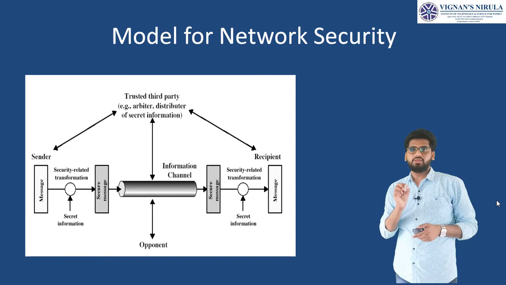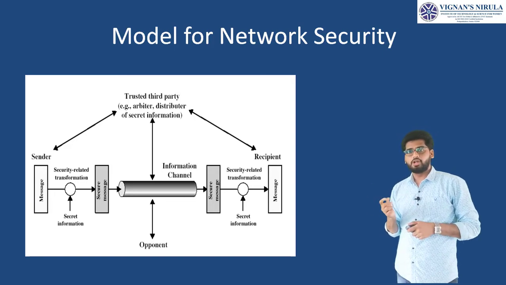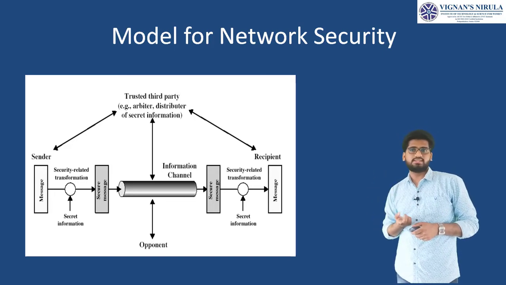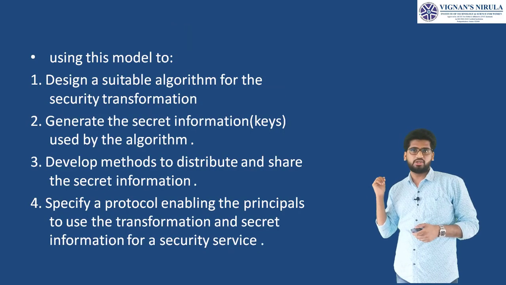Between the sender and communication channel, and between the communication channel and the receiver, we maintain a secret key or secret information. The secret information is transferred between the sender and receiver. This is the main aim of the communication channel, and this is the description of the network security model.